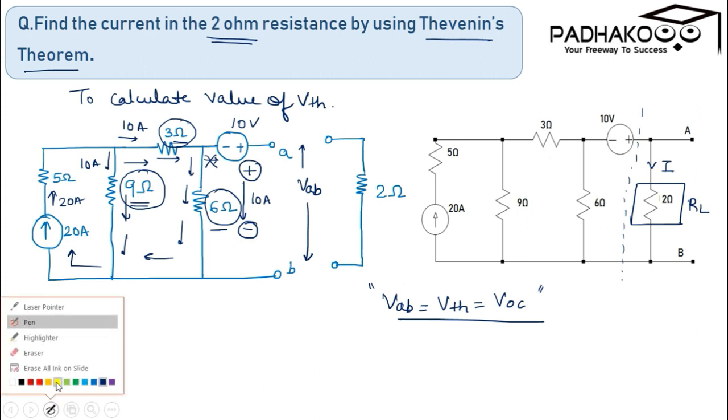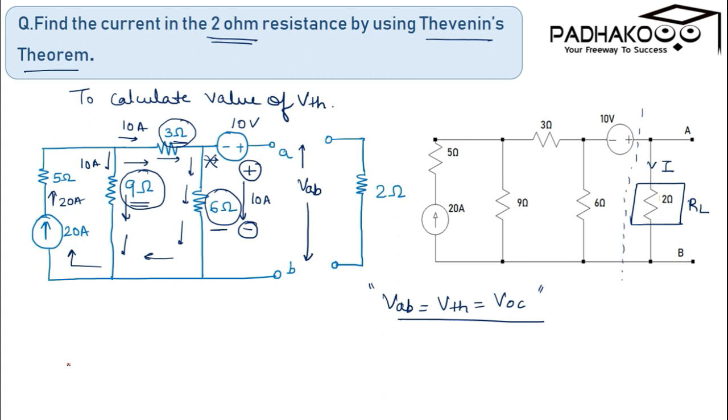Now, applying KVL here, starting from this point, moving towards this, and then returning back to this particular point. Starting from here going towards this, we experience a voltage gain of 6 into 10.